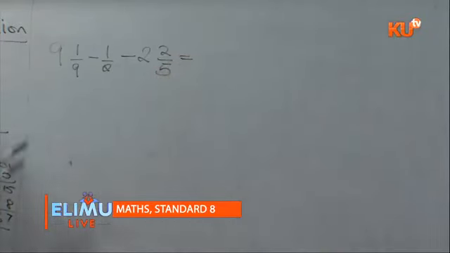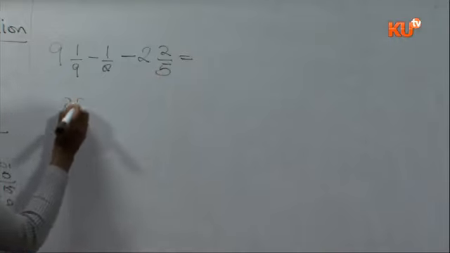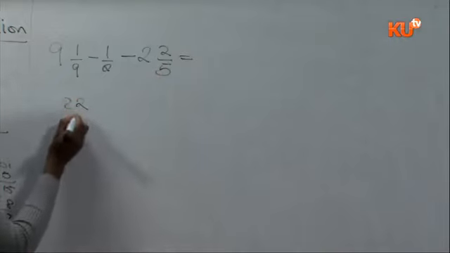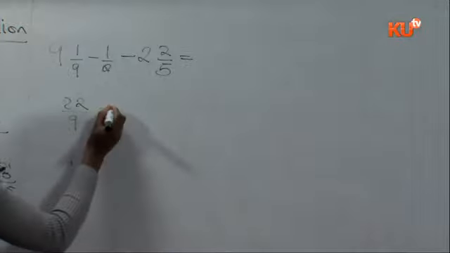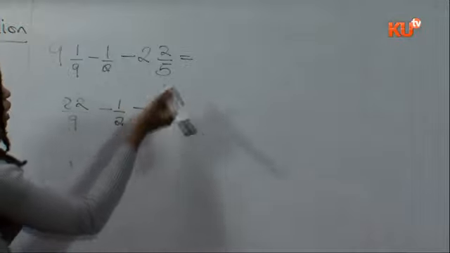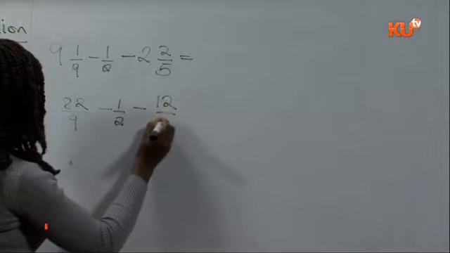So we convert this to an improper fraction. 9 times 9 is 81 plus 1, we get 82 over 9, minus 1/2, minus 2 times 5 is 10, plus 2 is 12, 12 over 5.